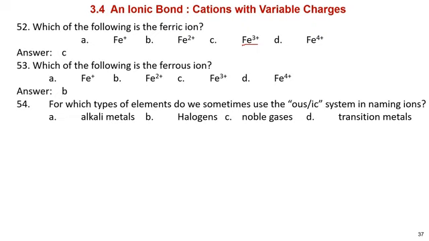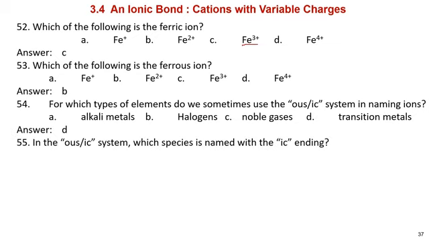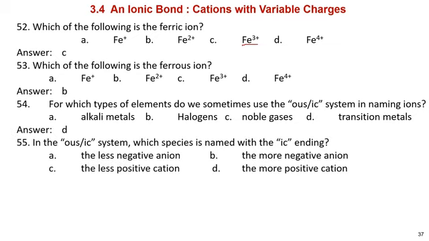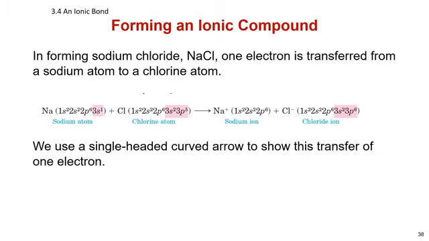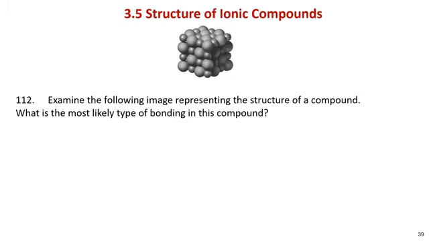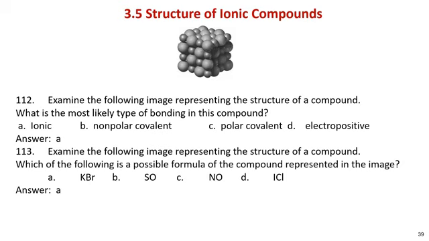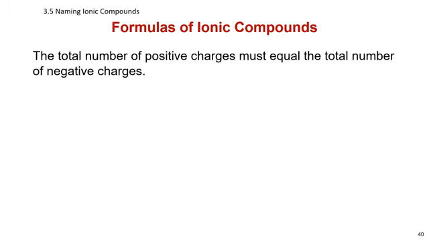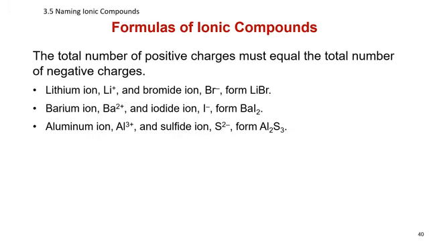Which of the following formula compounds represents the one we didn't go over? Lithium bromide is LiBr, barium iodide is BaI2. Why is this BaI2? The charges need to be balanced.